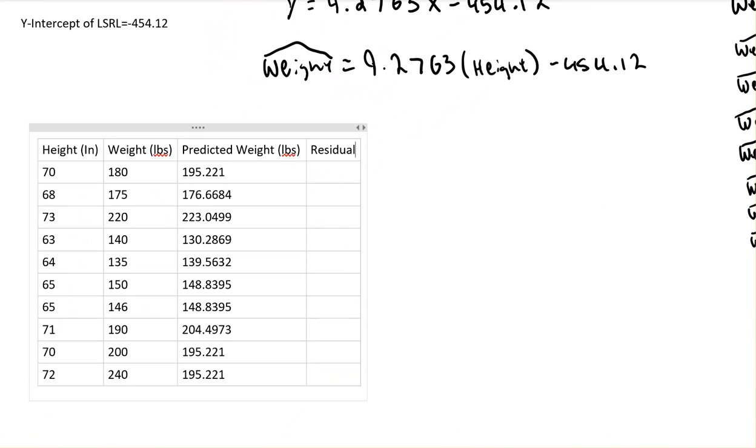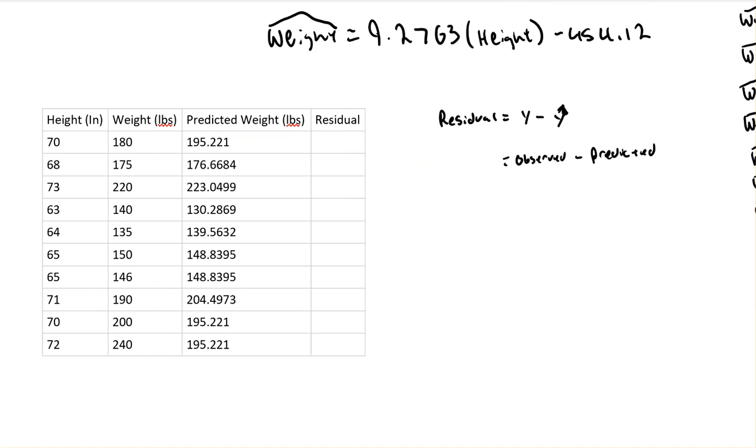So residual is a fancy way of saying, well, what's the difference between our observed value, the actual value, and the predicted value? So the equation that we will always use for residual is this y value minus our y hat, or the observed value minus the predicted value.